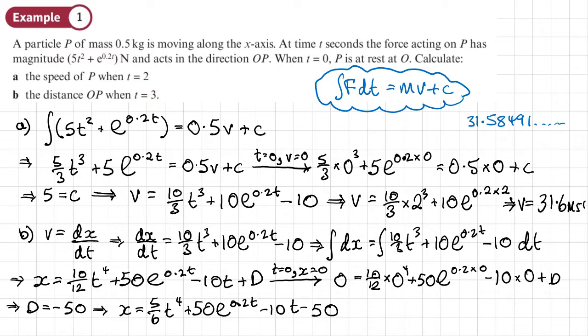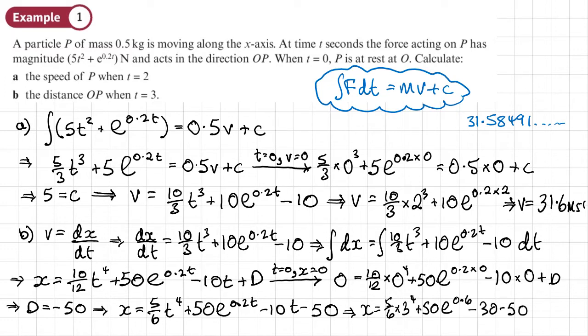So we'll do that now. So x is equal to 5 over 6 times 3 to the power 4 plus 50 e to the power, well, this is going to be 0.2 times 3, so let's just write 0.6, minus 10 times t, so that's going to be 30, isn't it? So just put minus 30 minus 50.